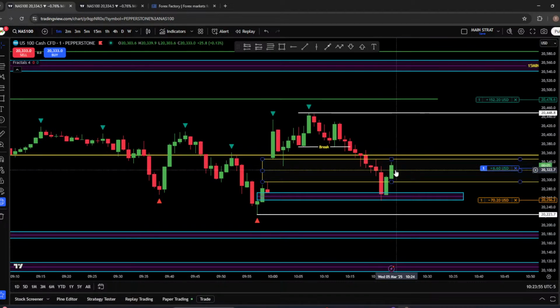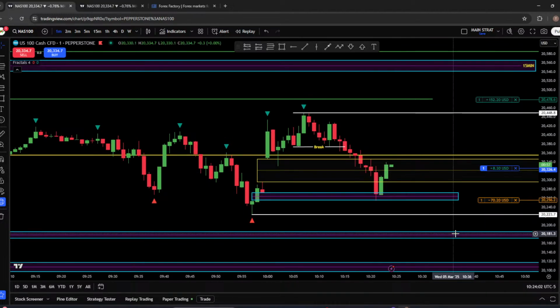See if we can form a breakaway gap, like some fair value gap off of this swing here, so we can get a swing low. Looks like we're going to be turning this inversion, which I don't like.